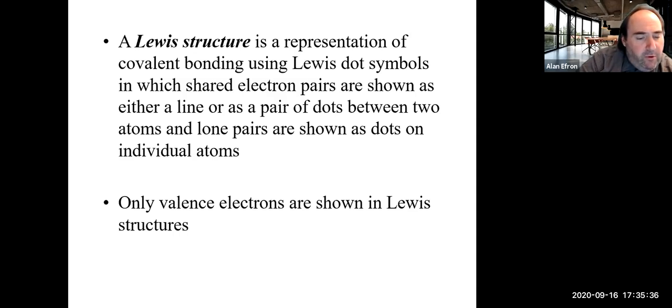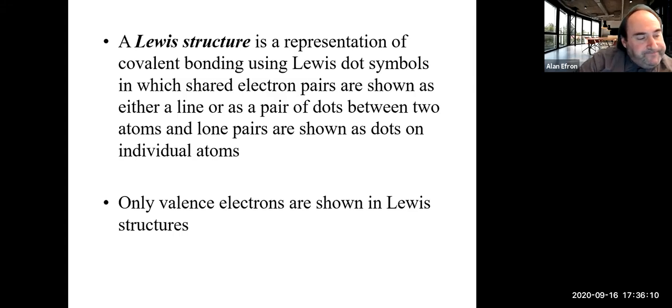So the whole goal of bonding, as we also talked about last time, is for everybody to end up at the same electron configuration as a noble gas. For metals and nonmetals, they will transfer electrons to do that, where the metal will go backwards and end up with the same electron configuration as the noble gas before it. Nonmetals will gain electrons, go forward, and end up the same as the noble gas.